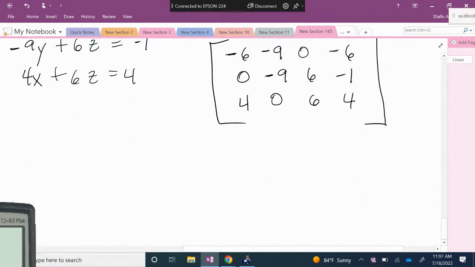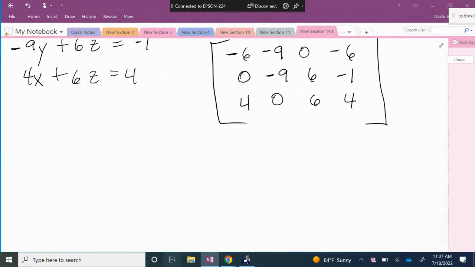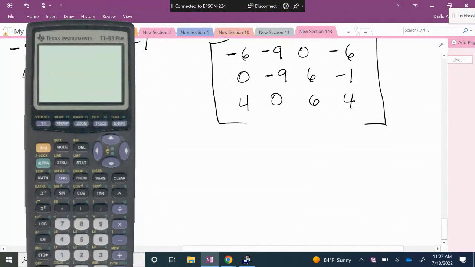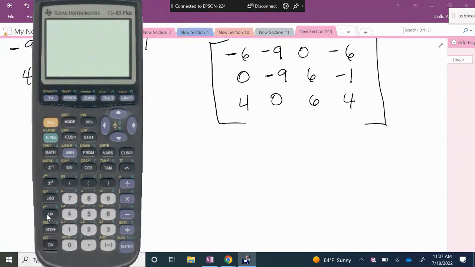All right, so we're going to put that into the calculator. I'm going to go into matrix. I'm going to scroll over to edit. It's a 3 by 4 matrix.